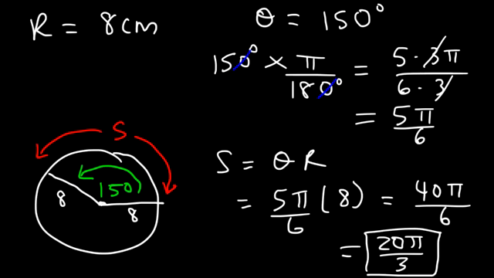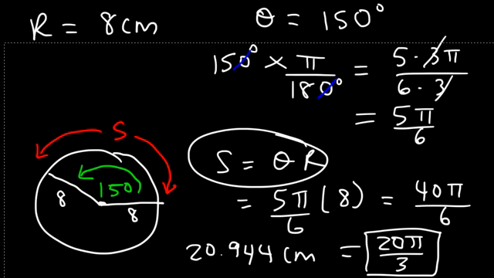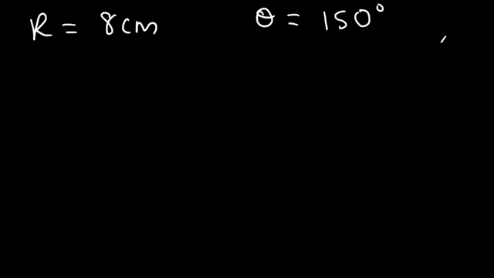That's the arc length. Now if you want to get the decimal value of it, this is going to be about 20.944 centimeters. Now if you don't want to use this equation, there's another equation that you could use if you want to keep your angle in degrees.